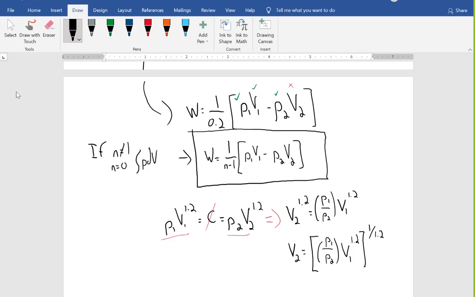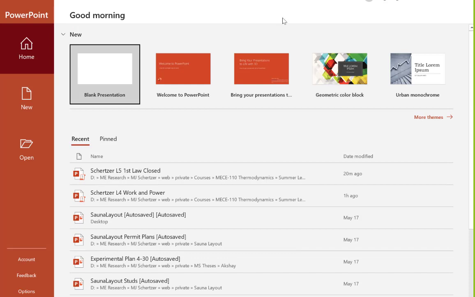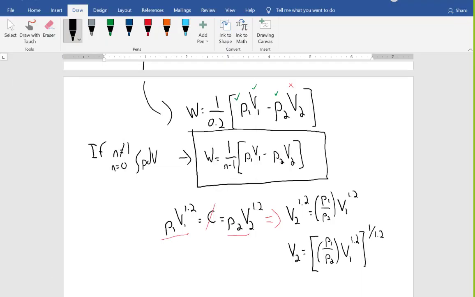Now, the good news is that this is all known information. I know P1 and P2, and I know V1. So I'll give you a second if you want to put that into your calculator, but I did the math over here, so I'm just bringing it up.